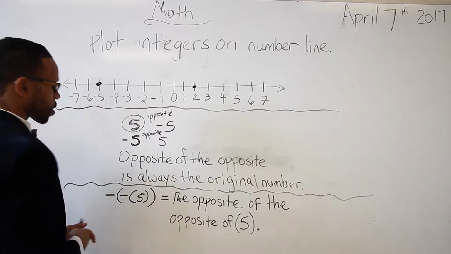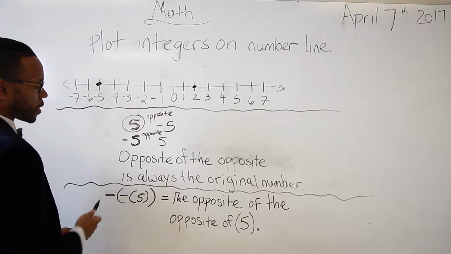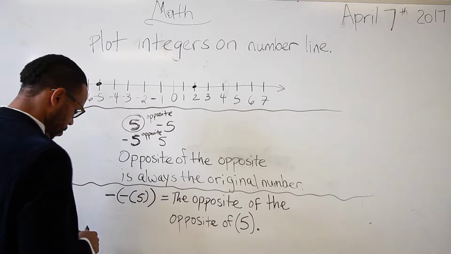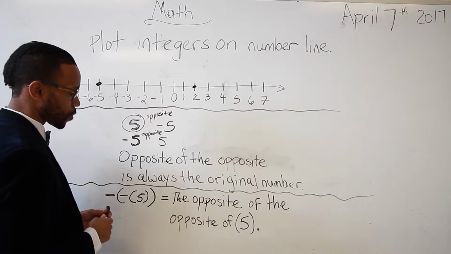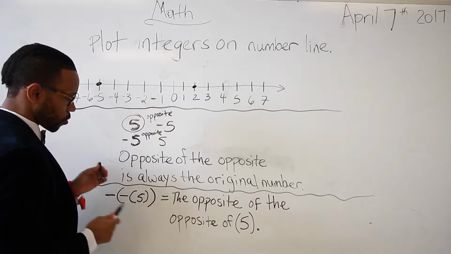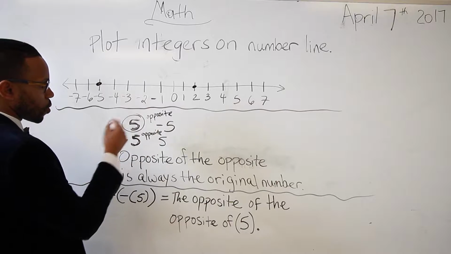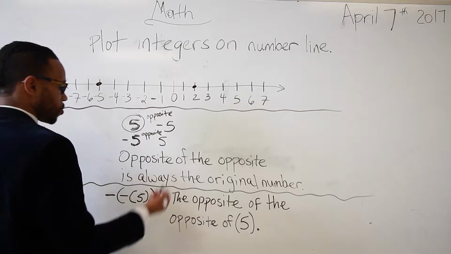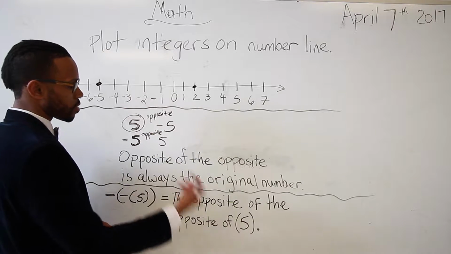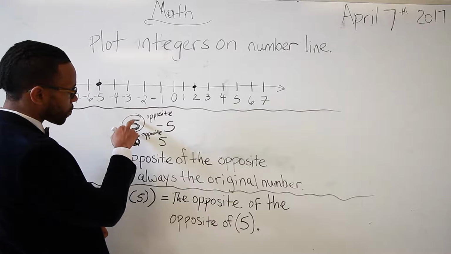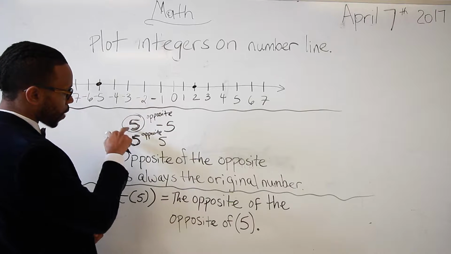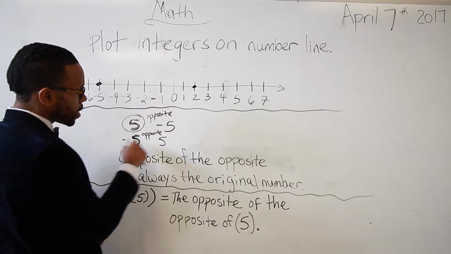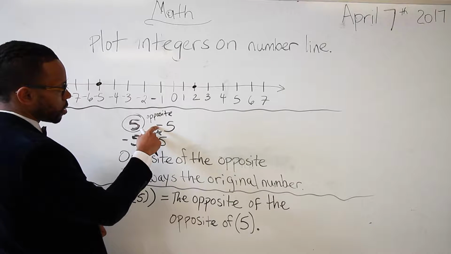So then, the review of finding the opposite of an opposite, or finding the opposite first. Let's start there, okay? We'll go from reviewing how to find the opposite of a number to reviewing the opposite of the opposite. Here I have a whole number, an integer of 5, and then I have -5.